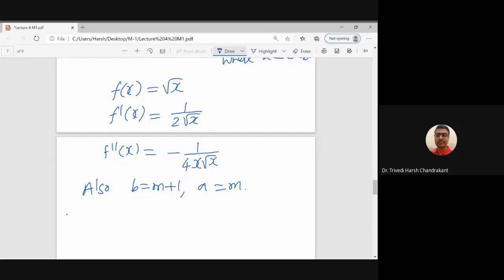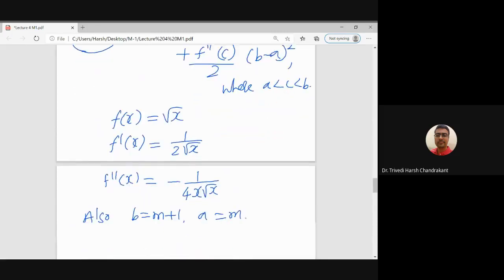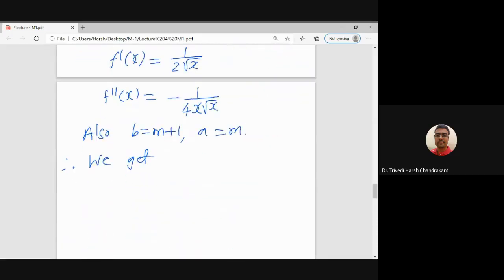So finally, what we get in the extended mean value theorem is that we first write f(b). F(b) means square root of m plus 1, because b is m plus 1 and the function is square root. Then f(a).